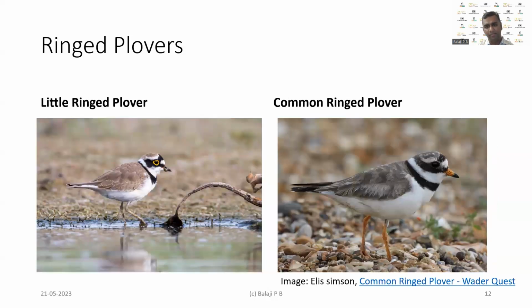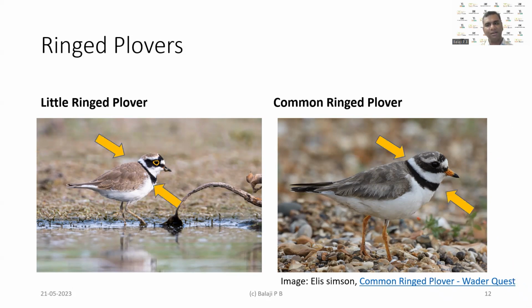A very similar looking species to the little ringed plover is the common ringed plover. Common ringed plover is relatively rarer, but we need to be aware of how to differentiate between the two species, the little ringed plover and the common ringed plover. The neck band is unbroken in both the birds.